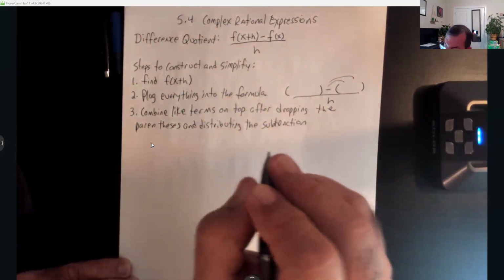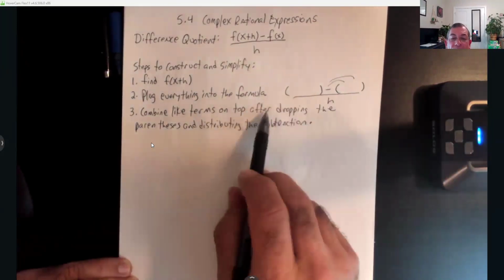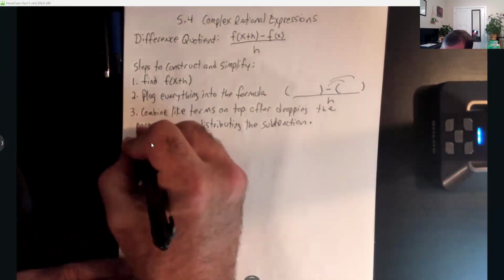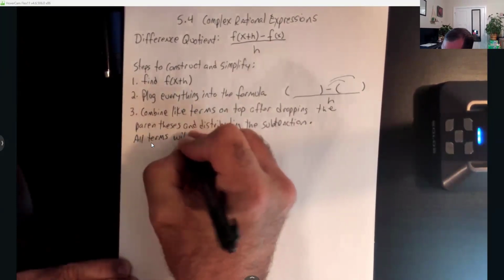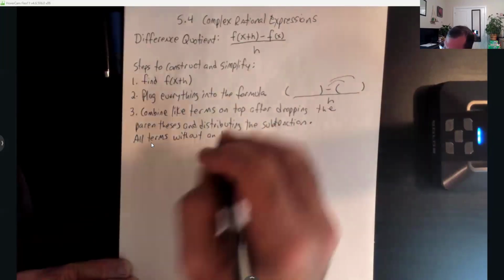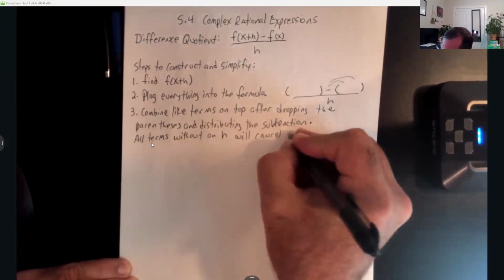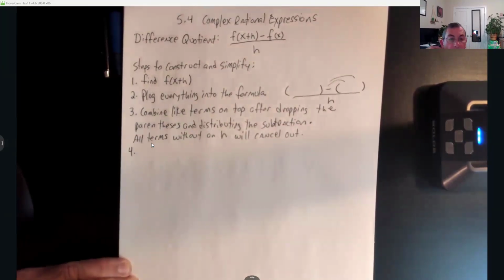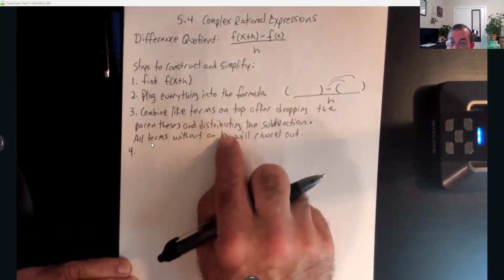Okay. So we're going to combine like terms on top. Now, what's really going to happen on top is all terms without an h will cancel out. All right, so everything on top is going to cancel out if it don't have an h in it, okay?